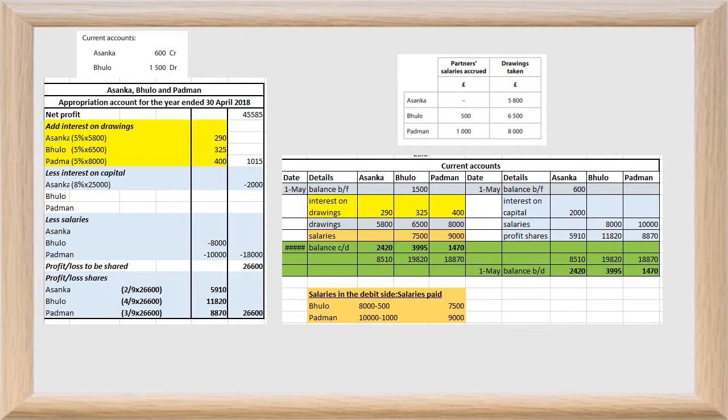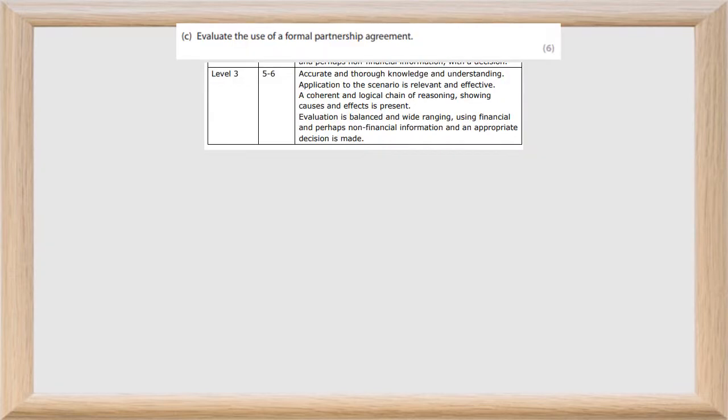Thereafter, we should record the drawings figures and check if there are any salaries or interest on capital paid. This question has a scenario of salaries paid. To find the salaries paid, we should subtract the salaries accrued, given at the end of the question, from the salaries of each partner. Finally, we should balance the current accounts and find the current account balances.